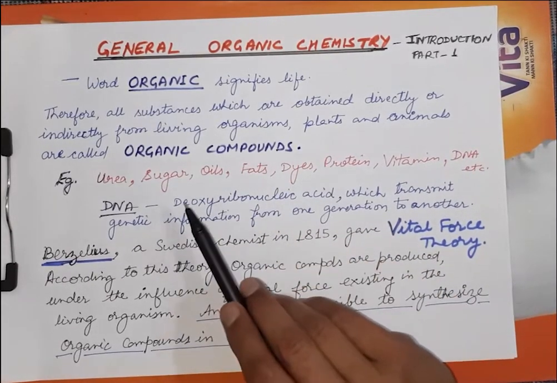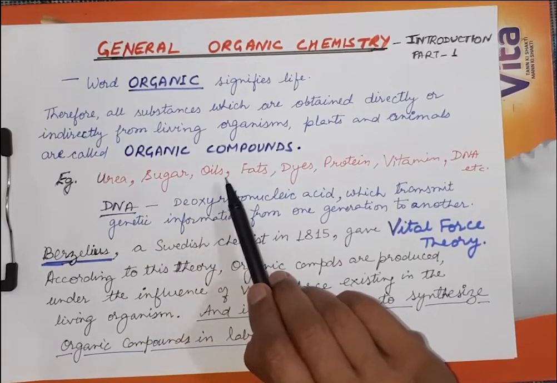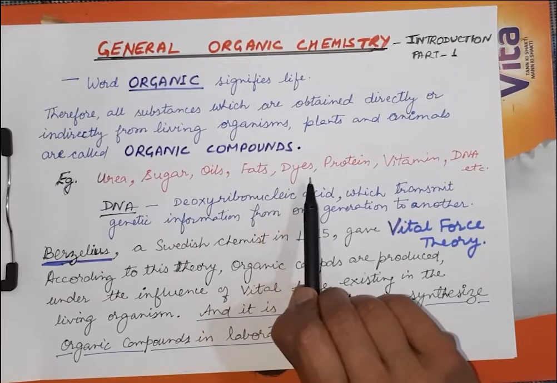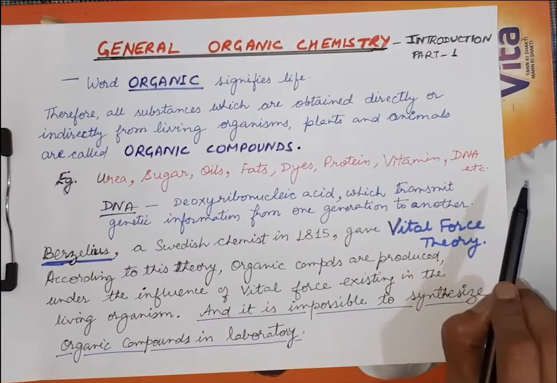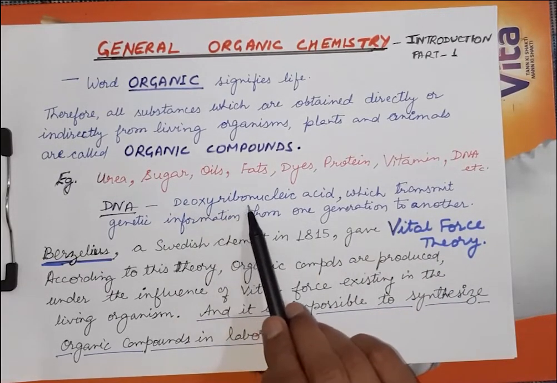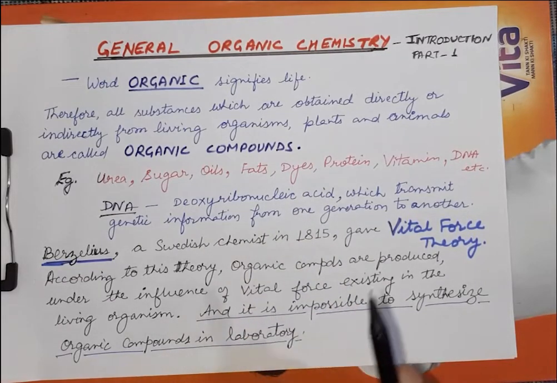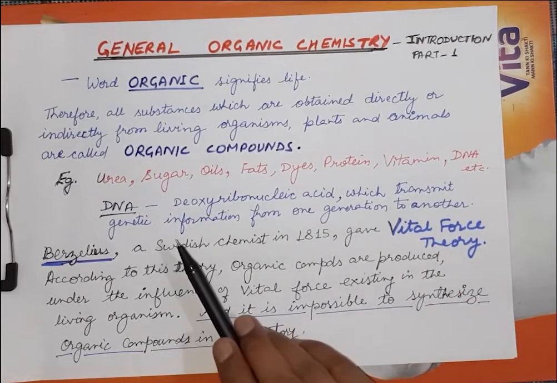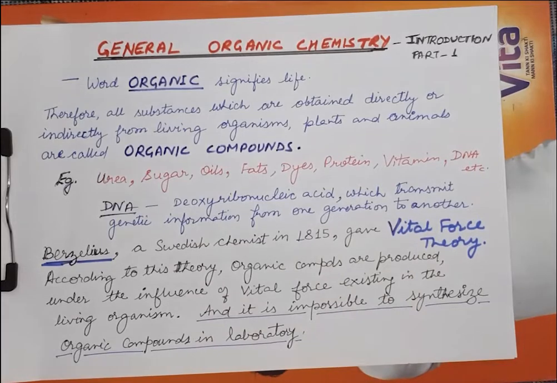Some examples we can discuss are urea, sugar, oils, all types of fats, dyes, protein, vitamin, DNA, etc. And DNA, we know, is also called deoxyribonucleic acid, and it is responsible for transmitting genetic information from one generation to another. So all these are organic compounds.